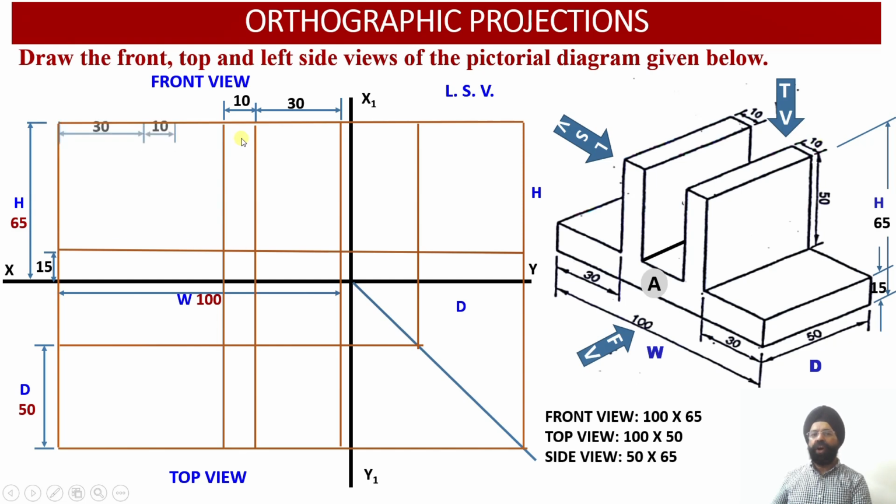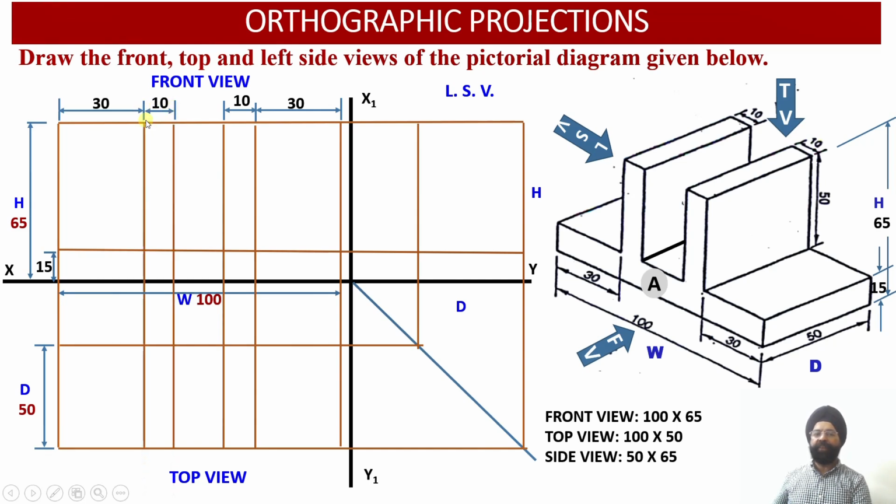Then I need to draw web number 2. Web number 2 is also symmetrically located, that is 30 millimeter from the left hand corner, and the width of this web is also equal to 10 millimeter. So from the left hand corner, I have marked the location of the start of the web at a distance of 30 millimeter, and then I have marked the thickness of the web as 10 millimeter.